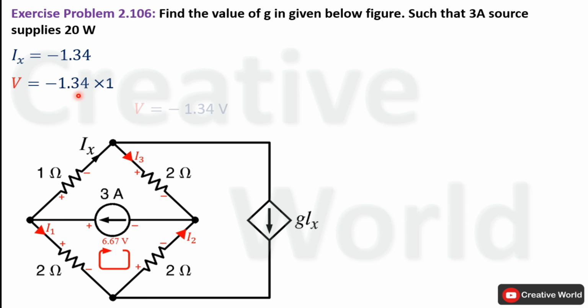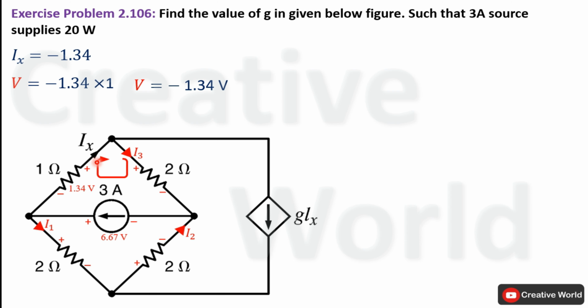Value of voltage across this 1 ohm resistance will be minus 1.34 volt. This minus sign is indicating that the polarity notation across this 1 ohm resistance is wrong. Actual polarity notation across this 1 ohm resistance is opposite to the assumed polarity. So modify the network by placing actual polarity notation across this 1 ohm resistance with the value of voltage.